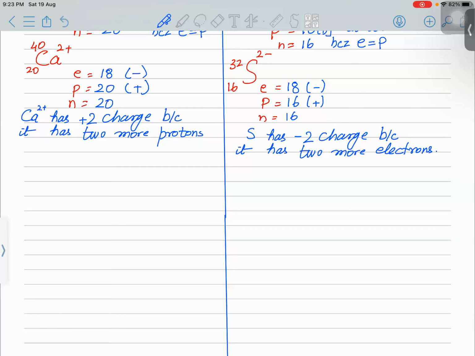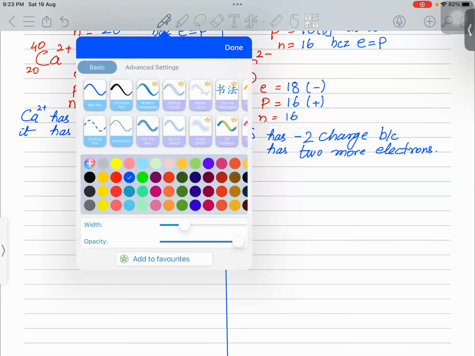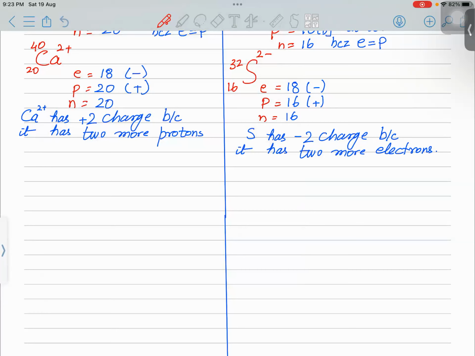Now look at another example, electron diagram. Example number 1, lithium. Example number 2, fluorine.